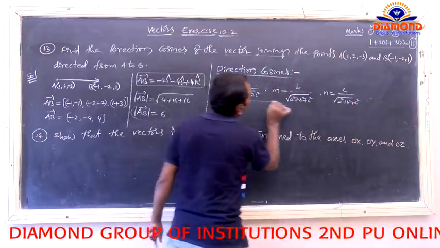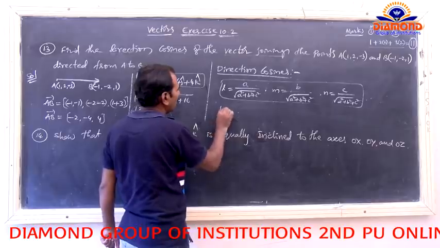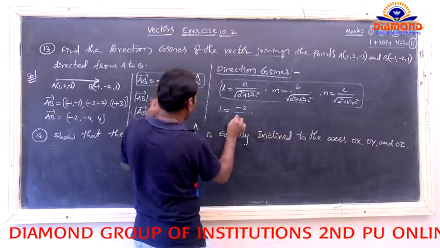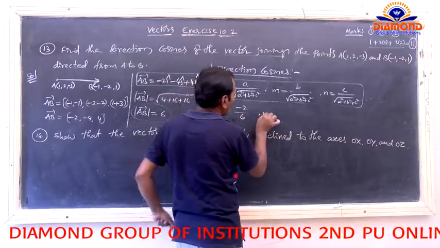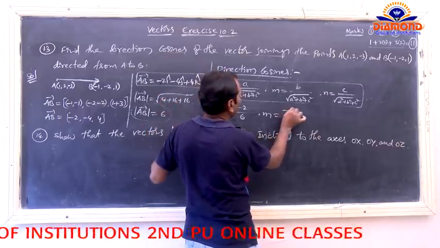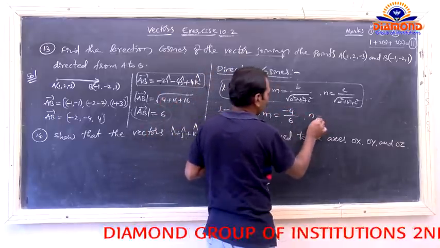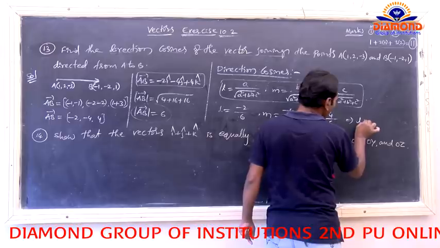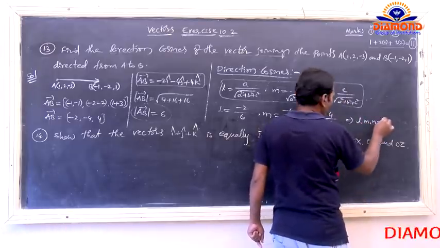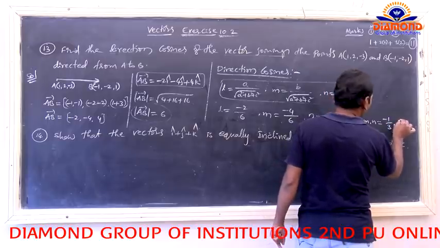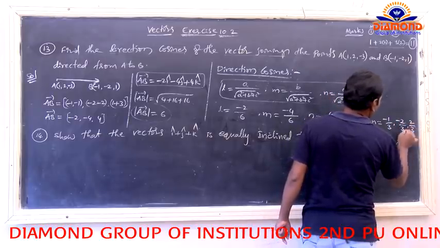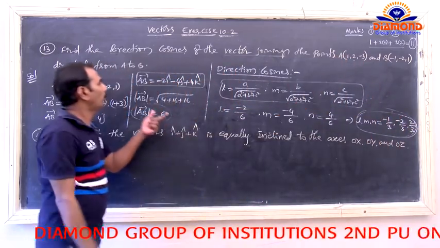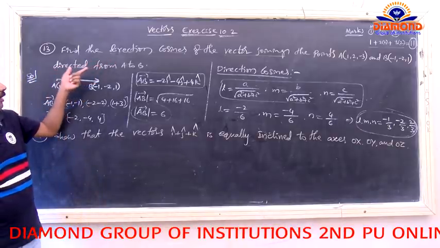This is the formula, so apply it. L equal to minus 2 divided by 6, M equal to minus 4 divided by 6, N equal to 4 divided by 6. It implies L equal to minus 1 by 3, M equal to minus 2 by 3, N equal to 2 by 3. These are the direction cosines of the joining vector of these two points.